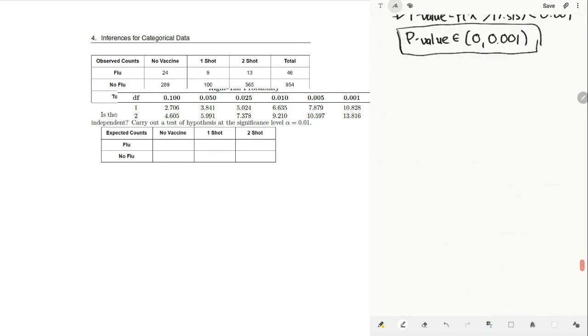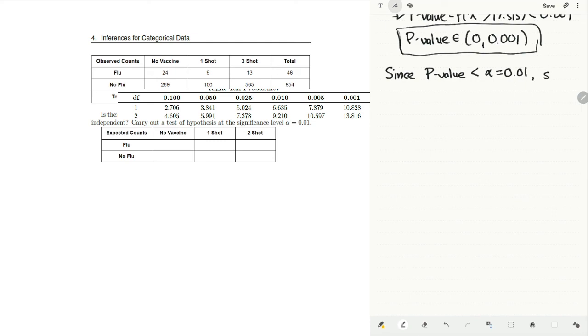So now we'll compare our p-value to the significance level of 0.01. The p-value is a number that's smaller than 0.001, so it will be smaller than the significance level of 0.01.